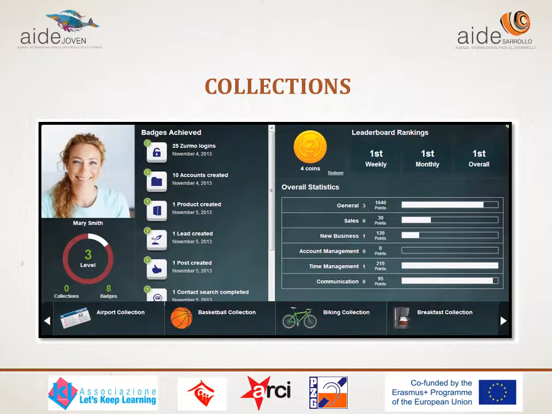So instead of having an onboarding process, which would be really complex for a tool like this, they let users explore the application at their own path, but they encourage this by hiding different objects in the different sections. So if you only create products, for instance, you will never get the basketball collection, because the basketball collection might only be achieved by using the time management functions.